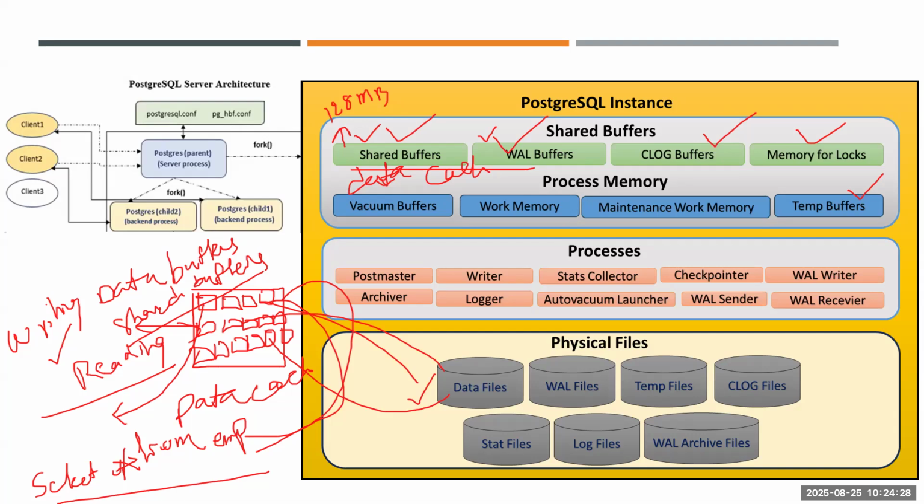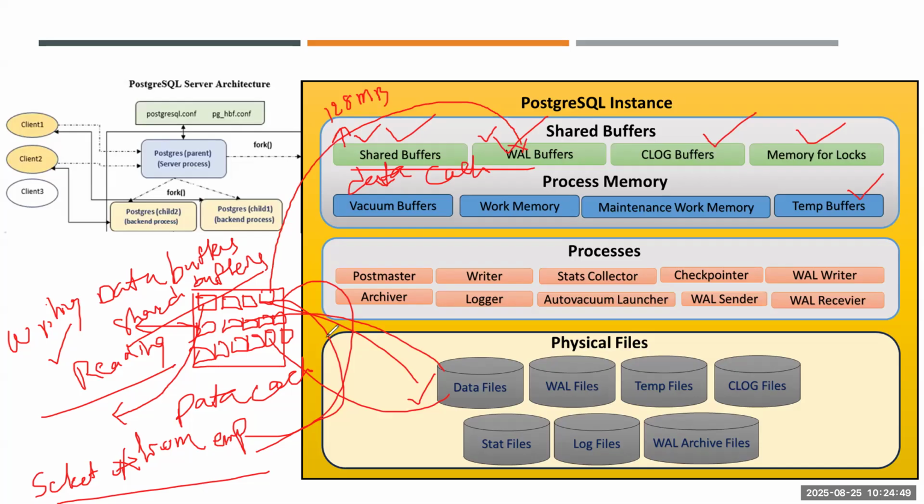Now, for example, you are doing some modification, either insert, update, or delete. Whatever modification you are doing, parallelly it is moving to the WAL buffers.